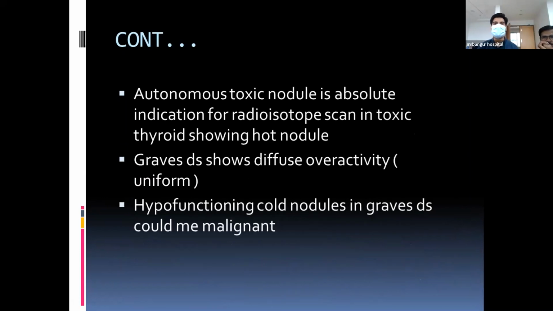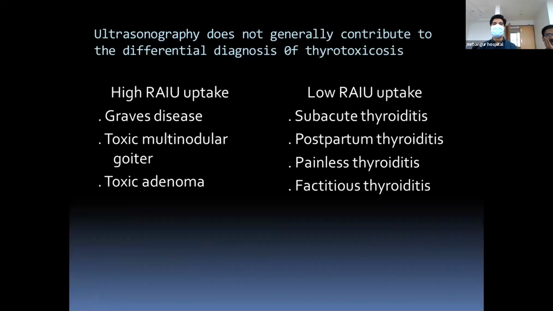Autonomous toxic nodule is an absolute indication for radioisotope scan in toxic thyroid showing hot nodule. Hypofunctioning cold nodule in Graves' disease could be malignant. Normally ultrasonography does not generally contribute to the differential diagnosis of thyrotoxicosis.